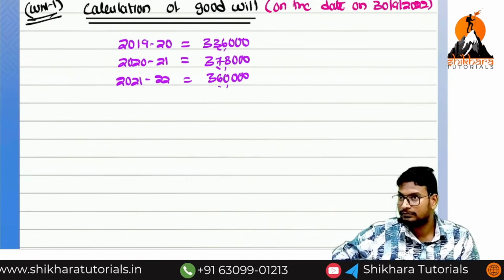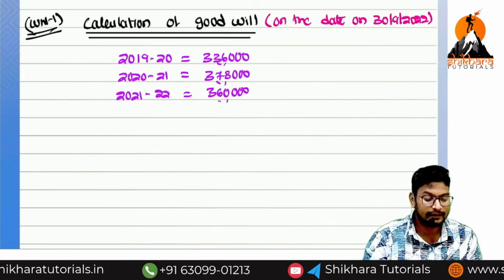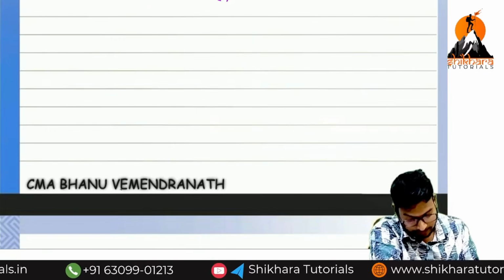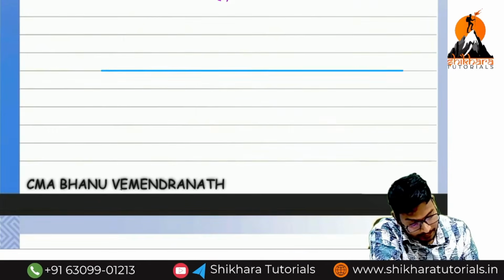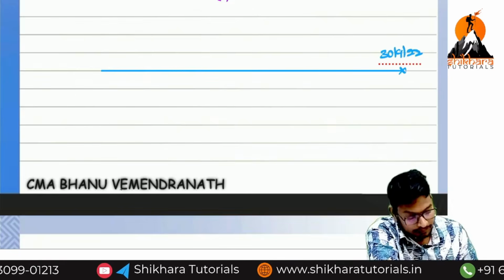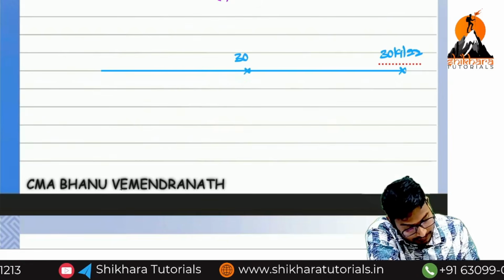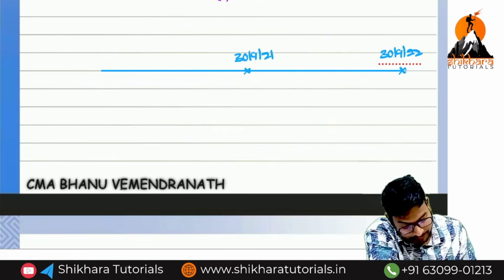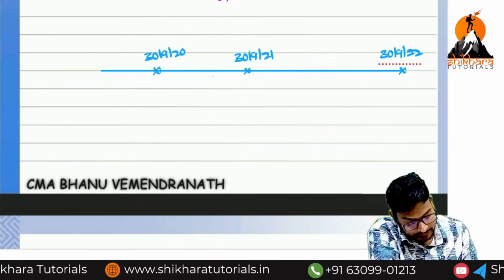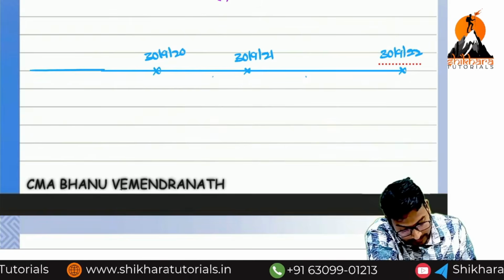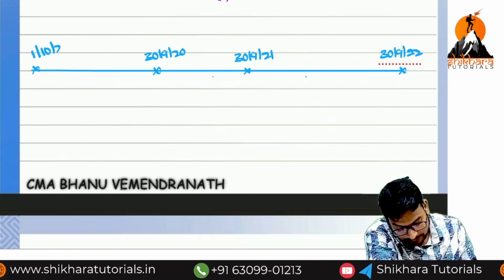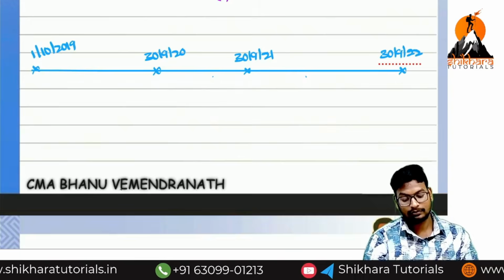Past 3 years, up to 30/9/2022, means 30/9/2022, one year before 30/9/2021, one year before 30/9/2020. So what is the starting date? 1/10/2019.